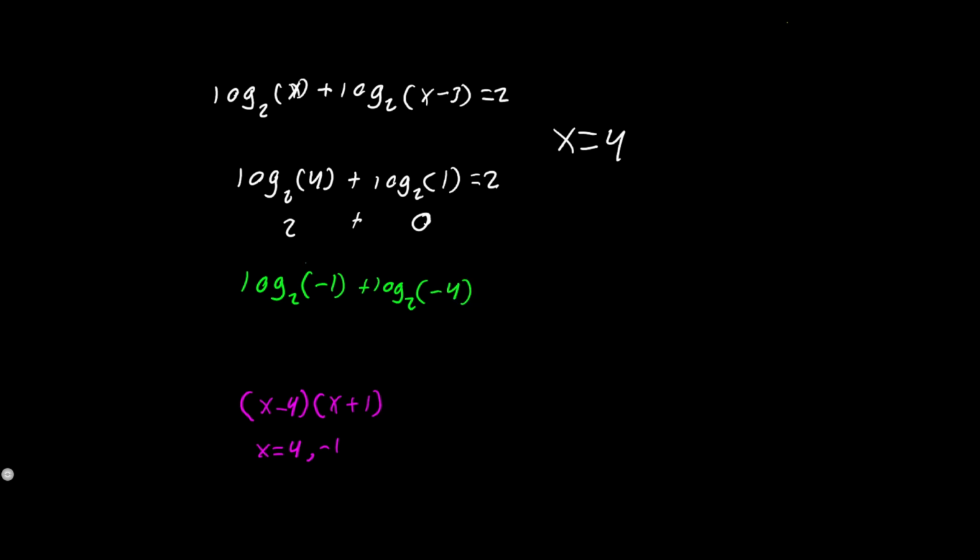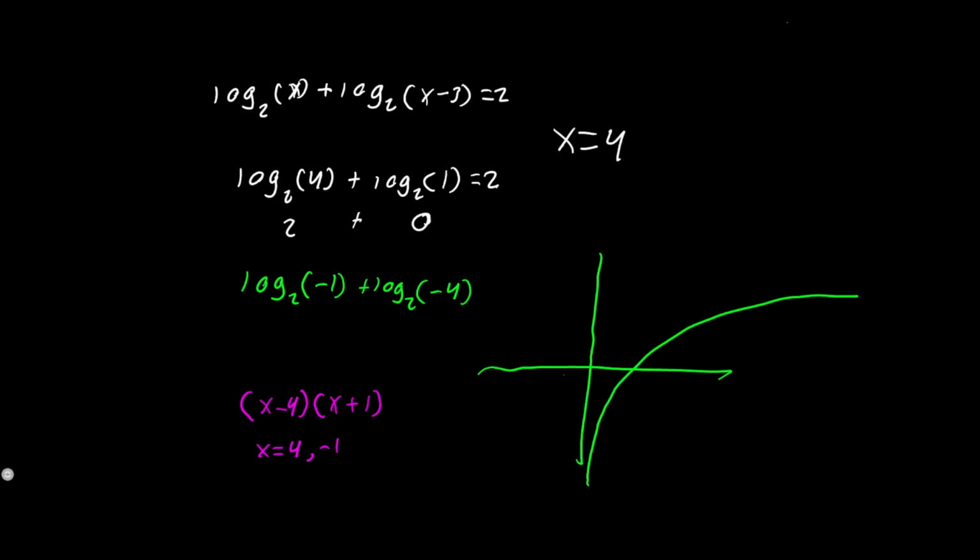And since we can't have logs of negative numbers, we basically get no solution. Seeing that it is log of negative 1 and log of negative 4, we basically don't get any real values because the graph of logs usually looks like this.